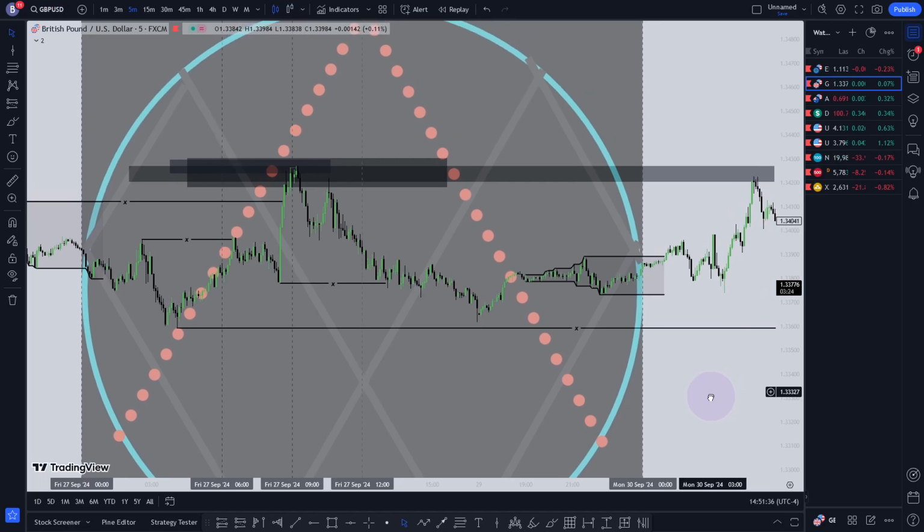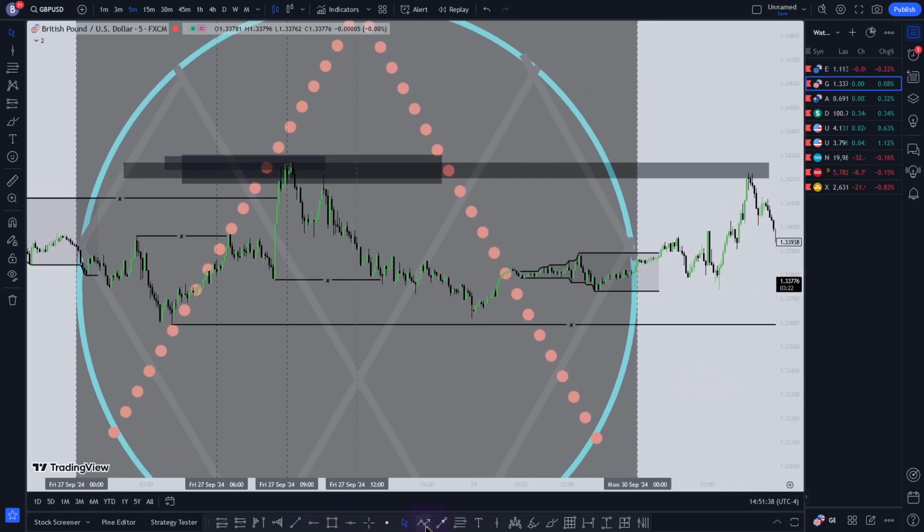But what you will get here is, here's the V upside down right here, and on the chart we can see price following that cut right here.